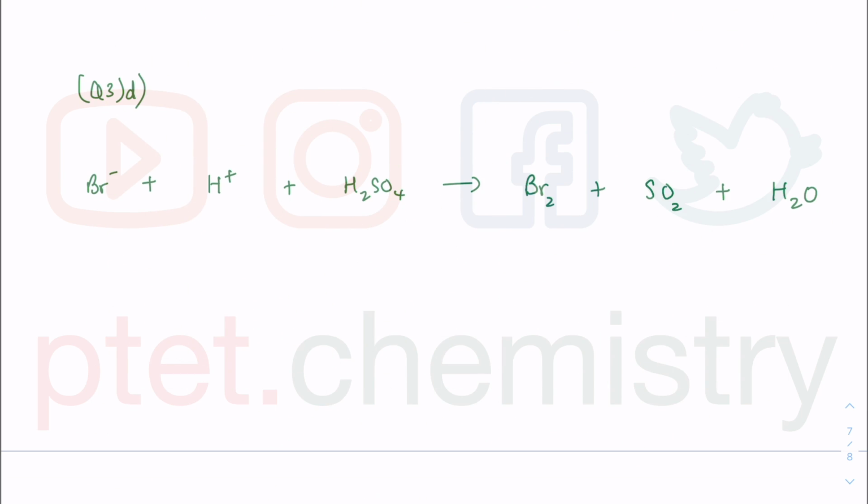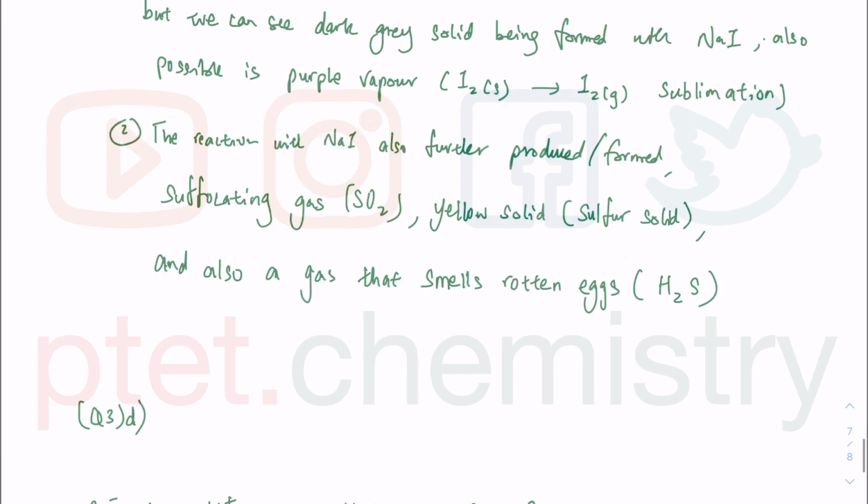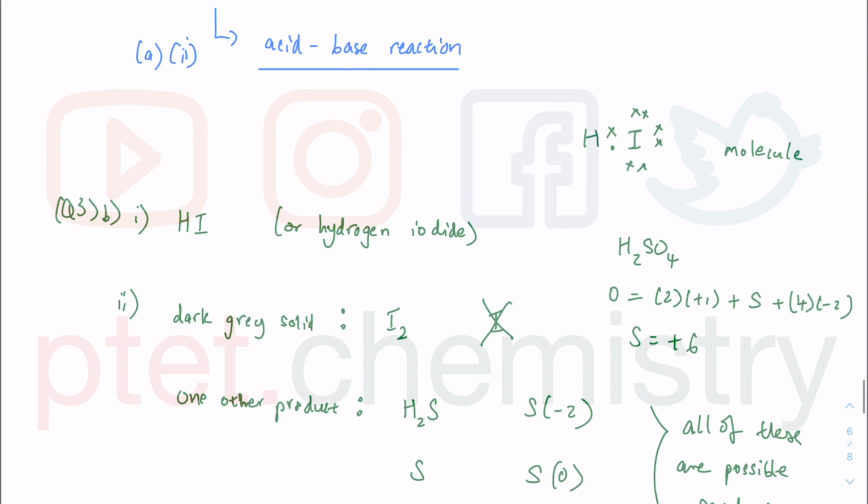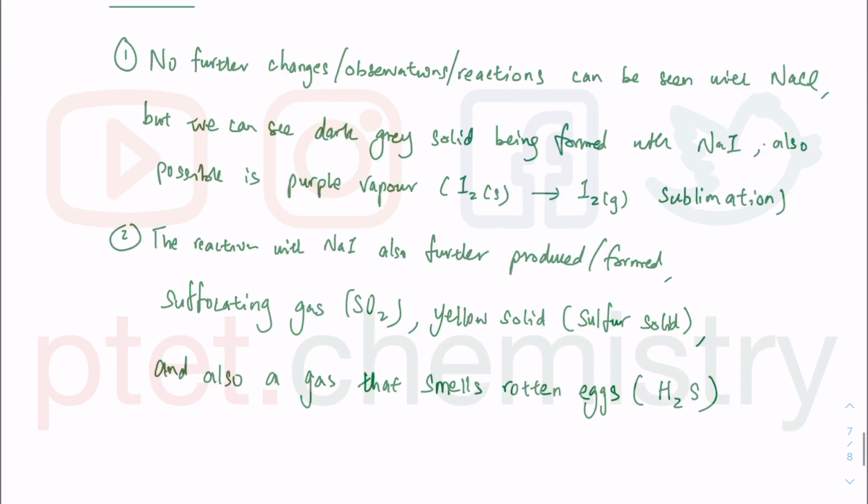So let's try and balance this. This is bromine 0. This is bromine minus 1. I was looking for sulfur. It's sulfur plus 6, as I've shown you earlier. So sulfuric acid, how to work out the oxidation number of the sulfur in sulfuric acid. It's sulfur plus 6.